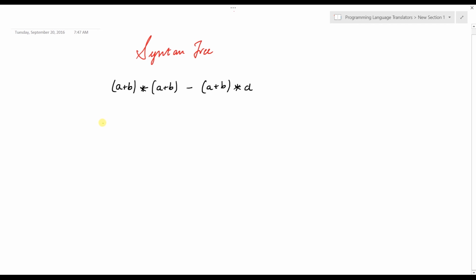So we have (a plus b) star (a plus b) minus (a plus b) star d. We would firstly construct a plus b, which would be like this. Secondly, we would construct (a plus b) star (a plus b), so we would construct another a plus b and combine them with a star.